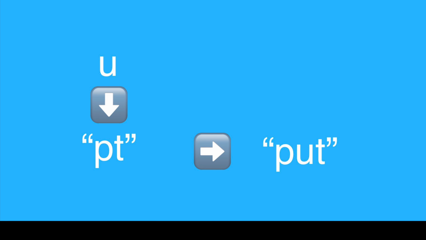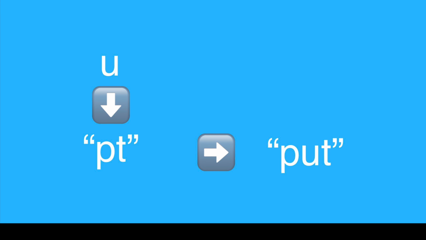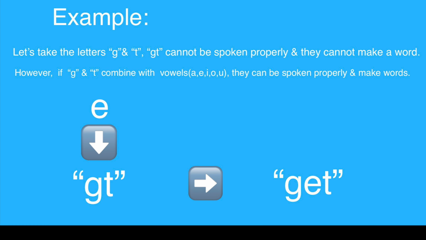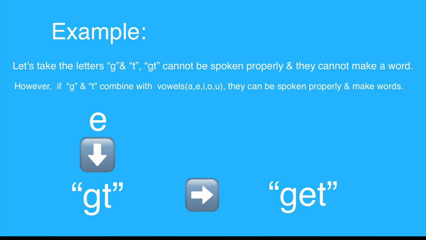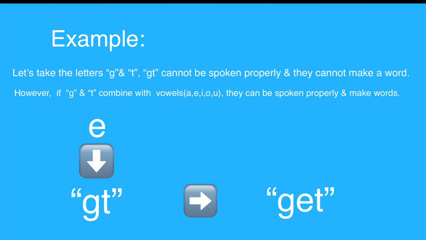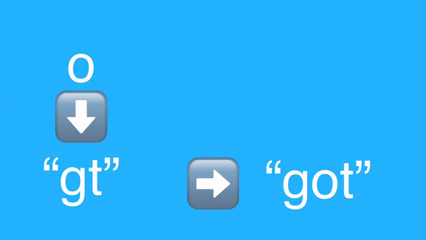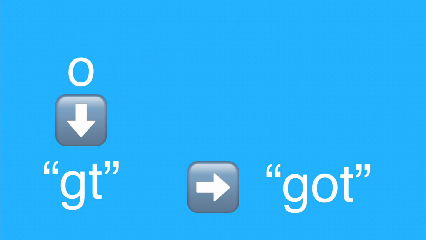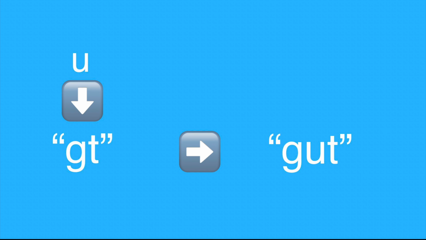Add the letter U, they become P-U-T, put. Letter E in between the letters G and T and they become G-E-T, get. Add the letter O, they become G-O-T, got. Add the letter U, and they become G-U-T, gut.